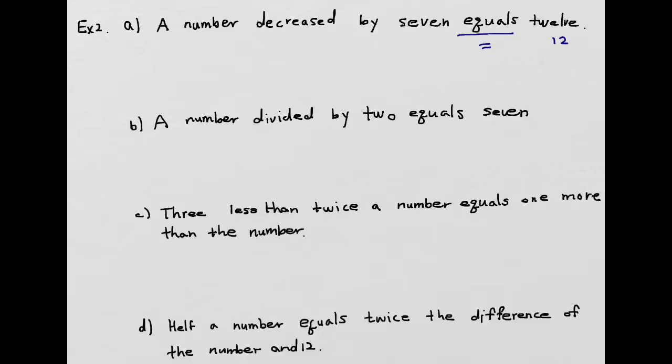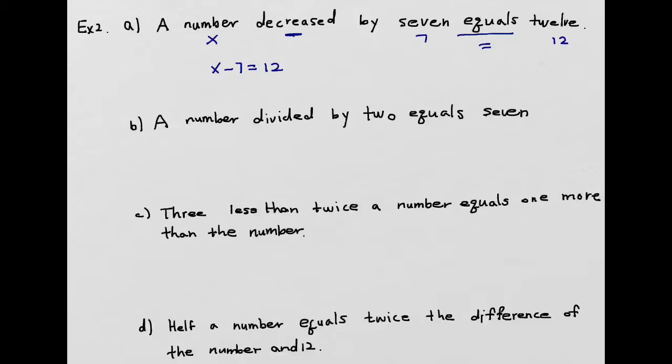What's the other side saying? A number decreased by 7. When it says decreasing, this is the same thing as negative. And we know we have 7 there, right? The number is the number that we don't know, so we can use the variable x maybe. So what this statement is saying is x minus 7 equals 12. We want to get used to writing statements as equations.